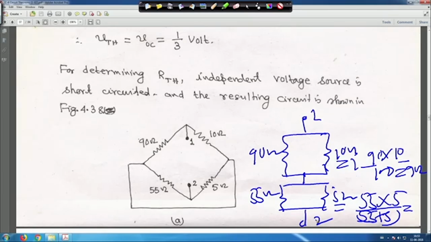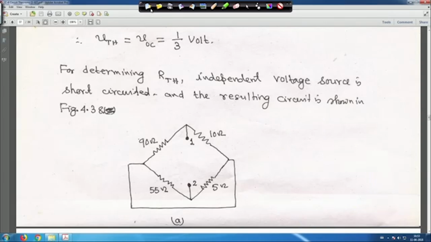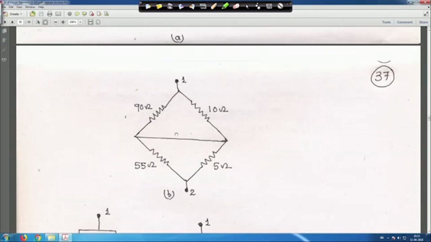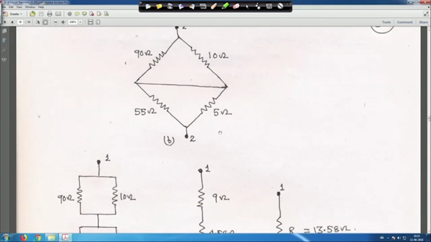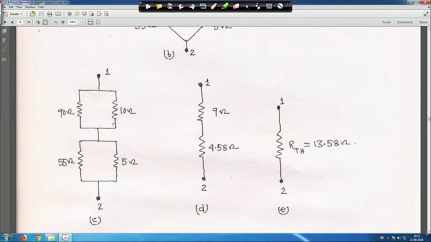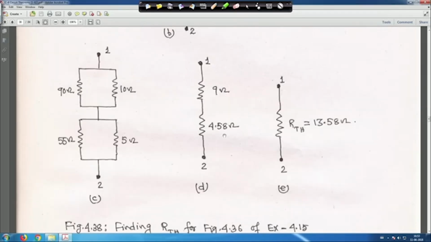That will give you, this one and this one are in series. So, let me clear it. Whatever we have done, this is shorted, I told you. After that, 90 and 10 and 55 and 5 are in parallel. Then this is 9 ohm and equivalent to this it is coming 4.58. So, total R Thevenin is equal to 13.58 ohm, right.